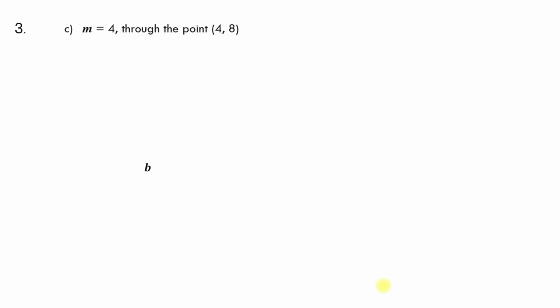Here we're told the slope is 4, x is 4, y is 8. We need to know what b is. Plug in the values for m, y, and x into our equation and solve for b.